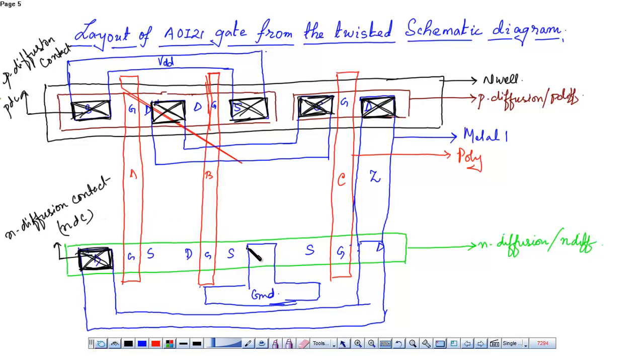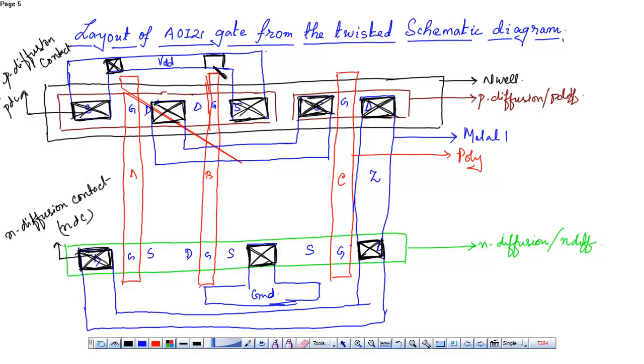Similarly, okay, after placing the diffusion contacts, you have to place the substrate contacts. This is one.